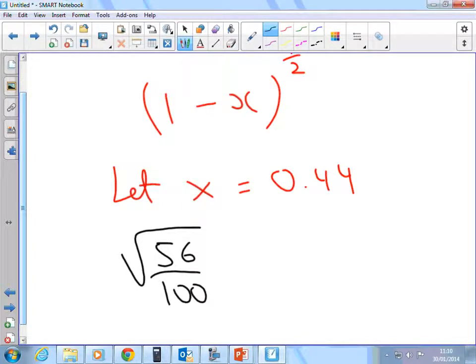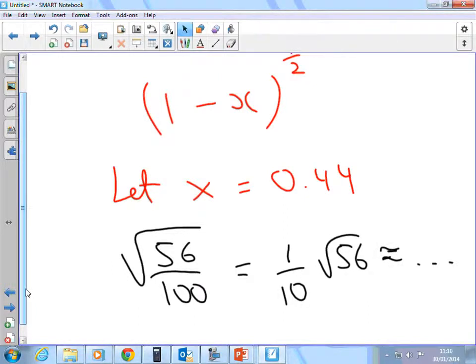Okay, but we want the square root of 56. So what we're finding is 1/10 of the root of 56. And that is approximately equal to something, and we can find that something out.